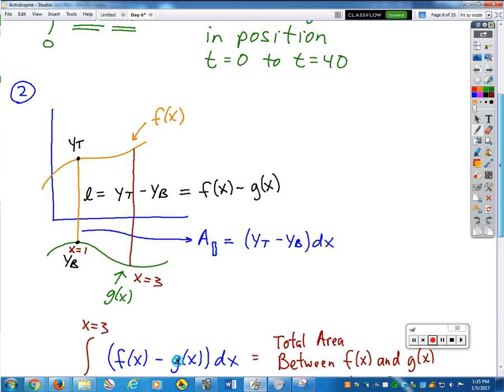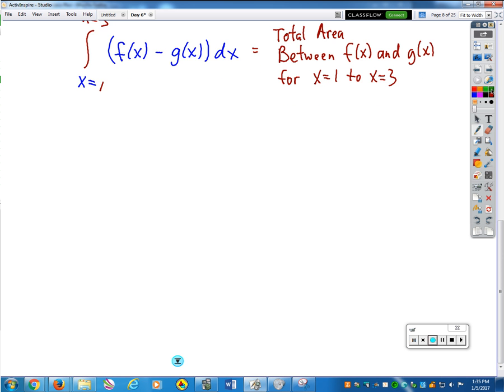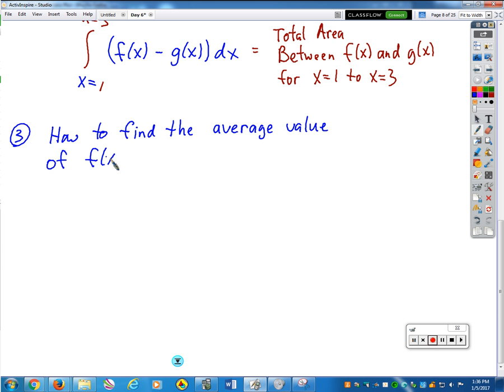It's going to ask you to, so item number 3 on this list, will work. So item number 3 is how to find the average value of a function, say of f of x, for x equal, we'll just say as an example, 0 to 2.